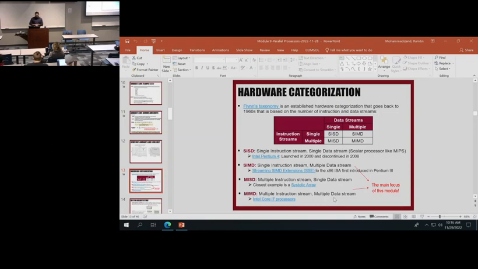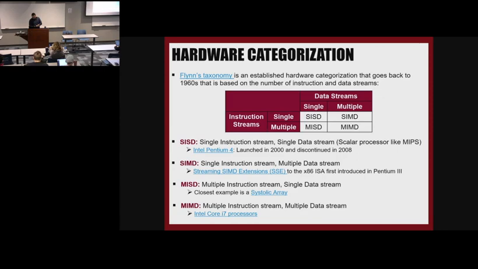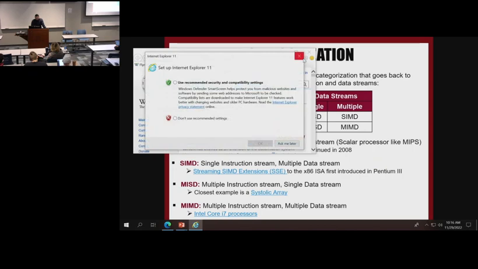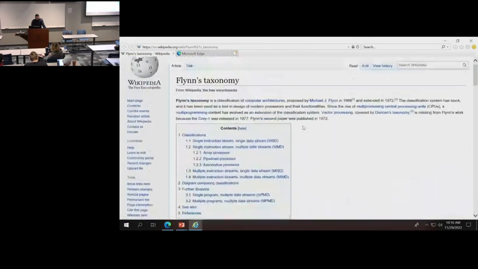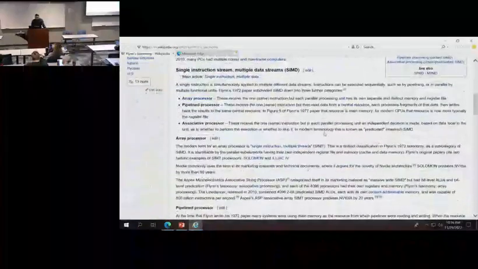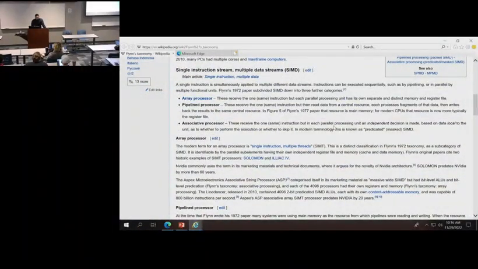I'm starting with a very important hardware categorization that is based on Flynn's taxonomy. There's a Wikipedia page for that, and it talks about how to categorize different hardware and computer architectures based on the taxonomy.